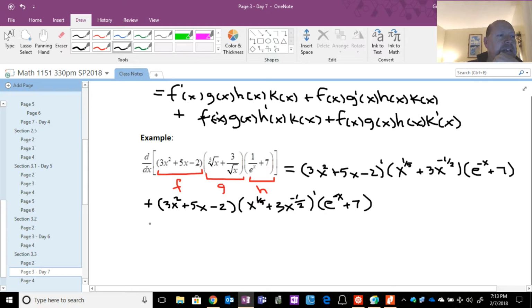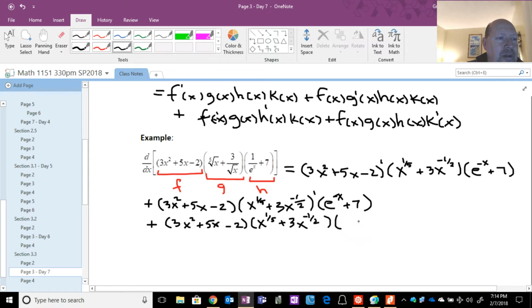And then lastly, we would add on to that, again wrapping around to the next line, 3x squared plus 5x minus 2. And then that would be multiplied by the second function, x to the 1/5 plus 3x to the negative 1/2.